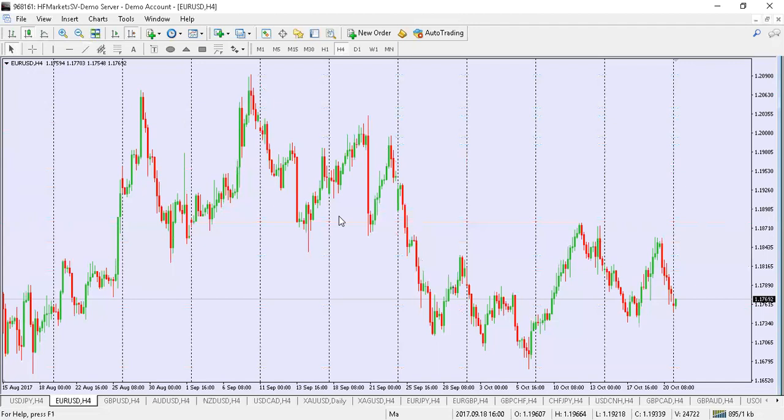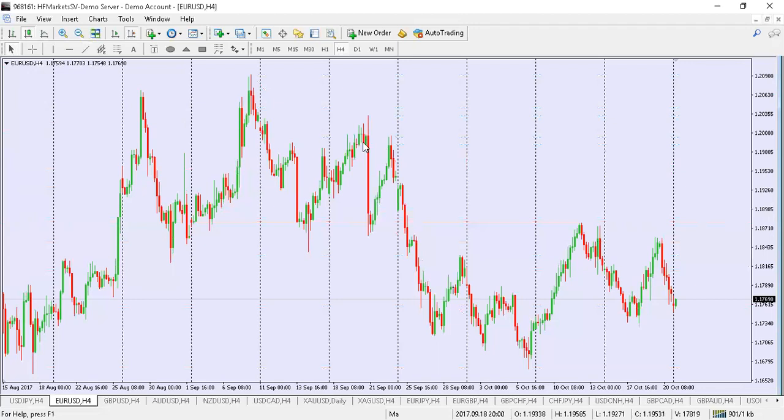You can also use the expansion to determine if you're in a downtrend or an uptrend, points that you can take your profits, points that you can also place your trades.